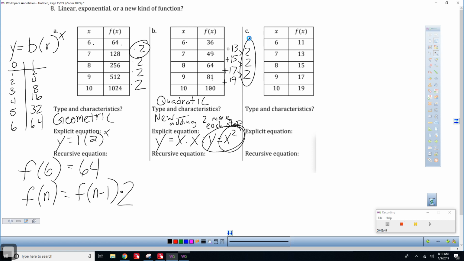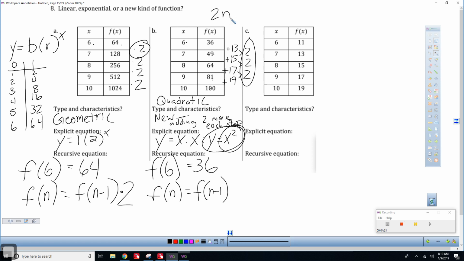So we know that f of 6 is 36. To find any number, you take the previous number. Now, it's going to involve 2n. So what did we add to 36?